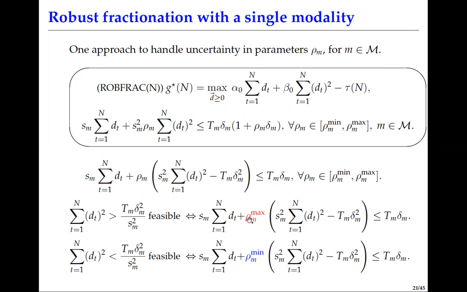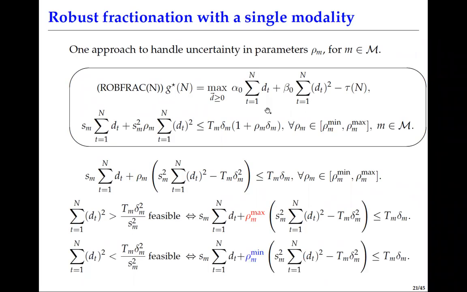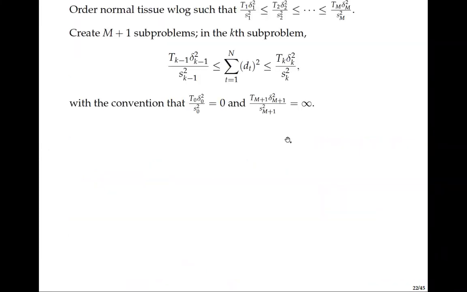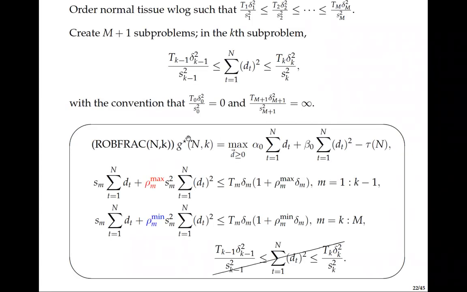So this is the main observation, and it turns out that using this observation, you can actually reformulate this problem into a finite set of sub-problems. I'm not going to be able to go over the details of that, but you can formulate that problem equivalently as a finite set of sub-problems.